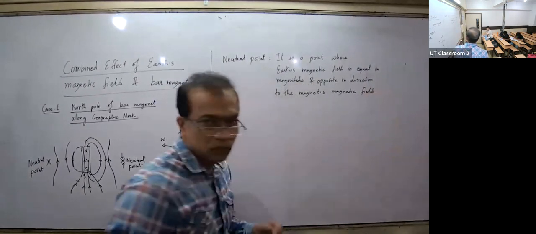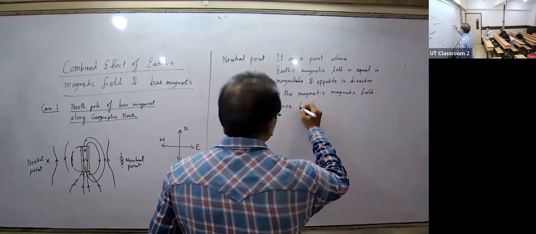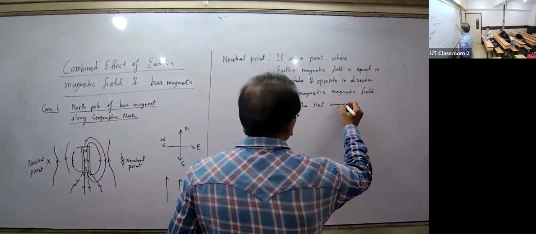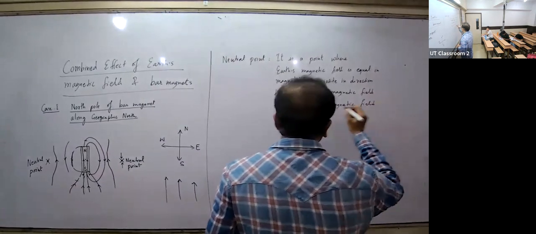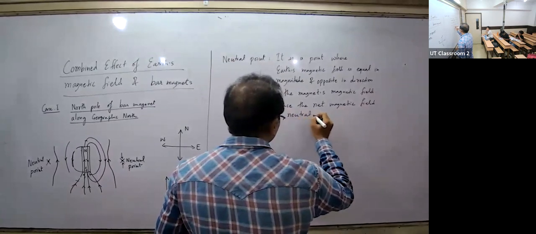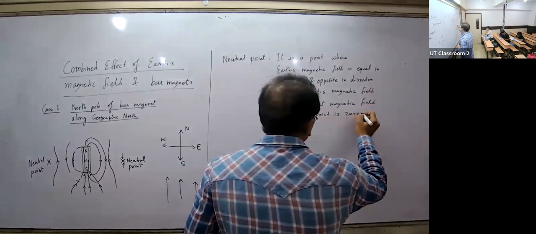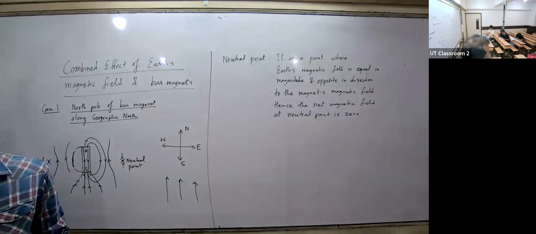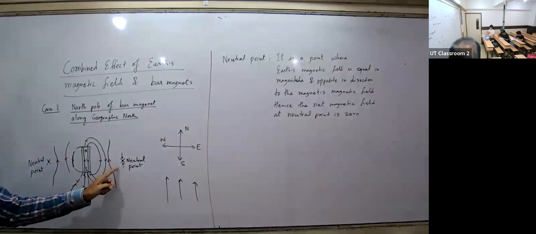Hence, the net magnetic field at the neutral point is 0. This is what you should understand. Equal in magnitude, but opposite in direction, like here.